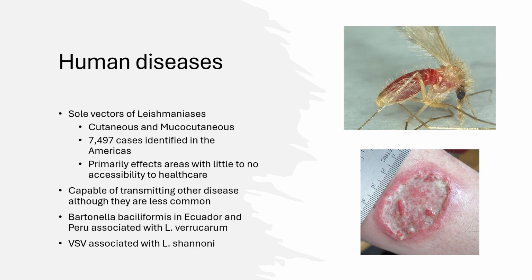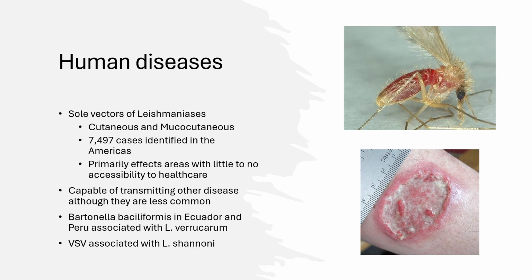So now that we've learned more about the biology of the sandfly, their geographic location, their habitat, and their environment, let's talk about why this is important to us. As I stated in the beginning, sandflies are the sole vectors of leishmaniasis, which is a terrible parasitic disease. Leishmaniasis can manifest in two main forms, cutaneous and mucocutaneous leishmaniasis.